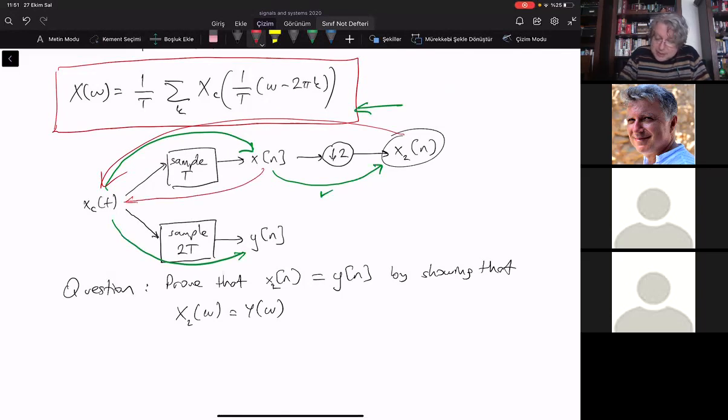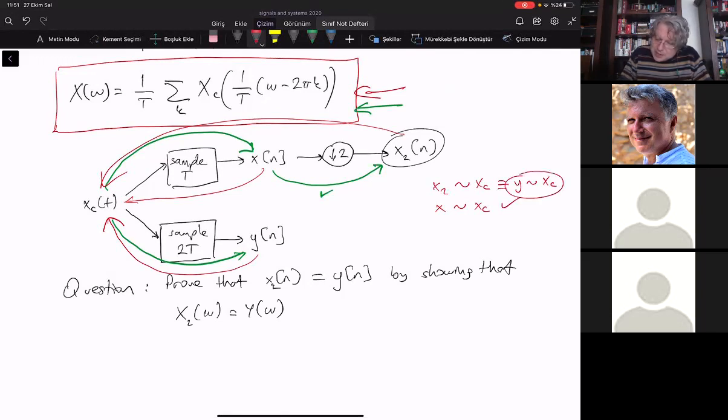So we will find the relation between x2 and x sub c. We will also find the relation between x and x sub c. This is already done. It's here. But we will find the relation between x2 and x sub c by finding the relation between y and x sub c.